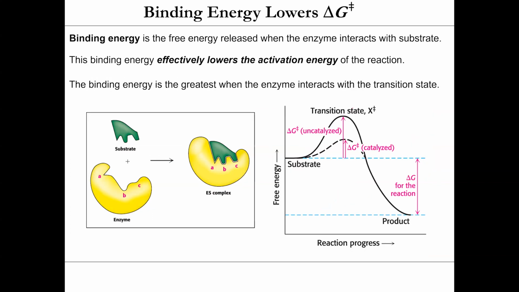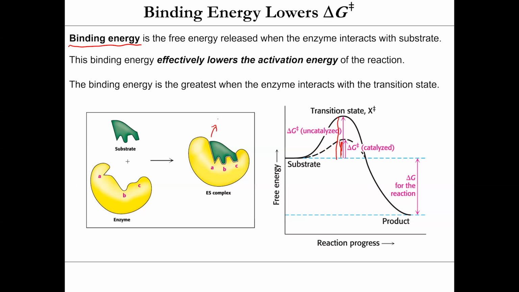And so, how does this formation of the enzyme substrate complex actually lower the activation energy required for the substrate to form the transition state before being turned into products? The answer to this is binding energy. Binding energy is the free energy that's released when an enzyme interacts with substrate.